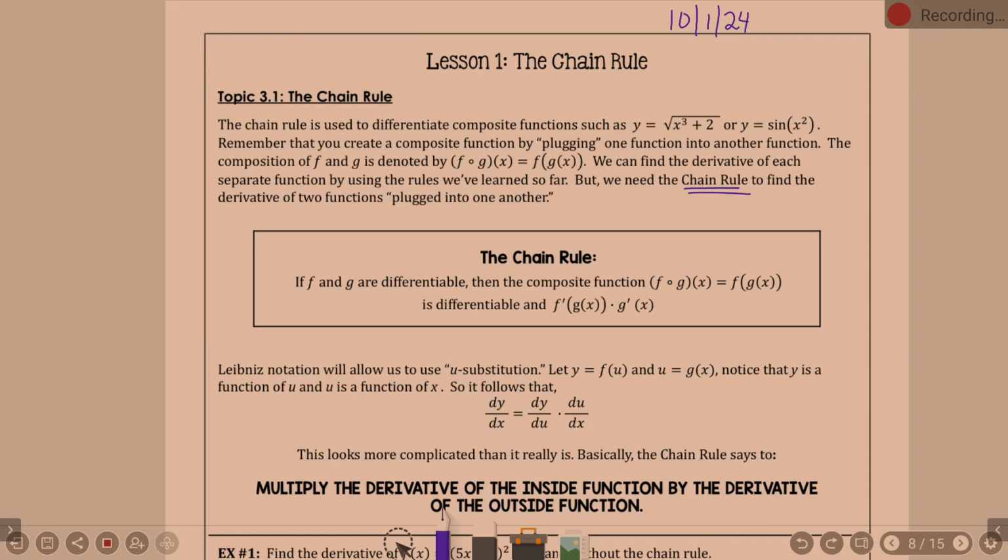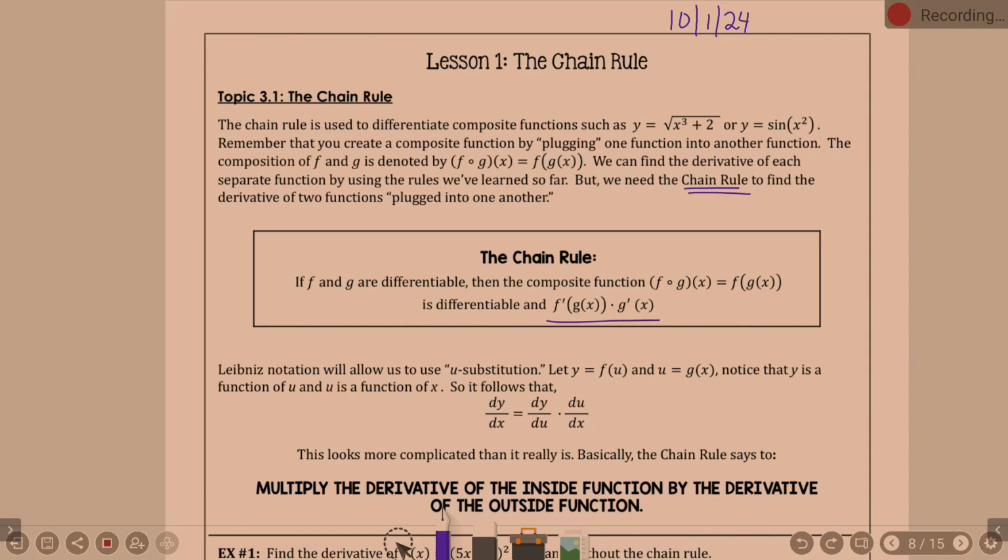Now, the rule here. If f and g are differentiable, then the composite function, f composed with g of x, f o g, which is also f of g of x, is differentiable, and its derivative is f prime of g of x times g prime of x.